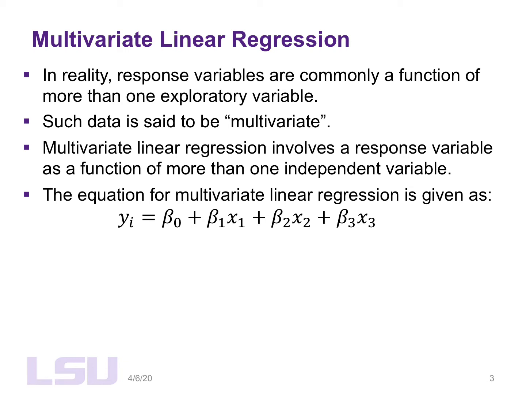So it's still linear. Just for quick revision, the last time we looked at the equation for a straight line, which is y equals mx plus c. And we know we can write it in many different forms, right? To write it in this form using coefficients beta 1, beta 0 through to any number.